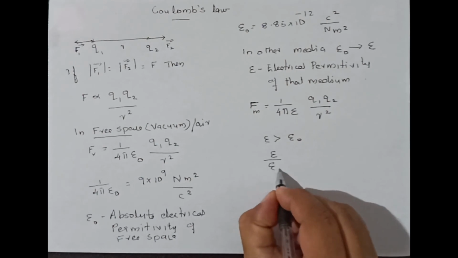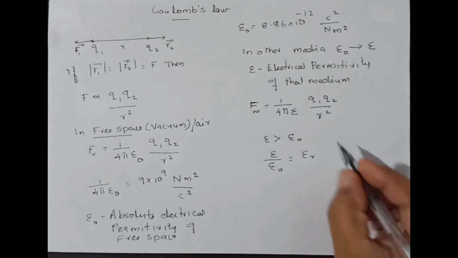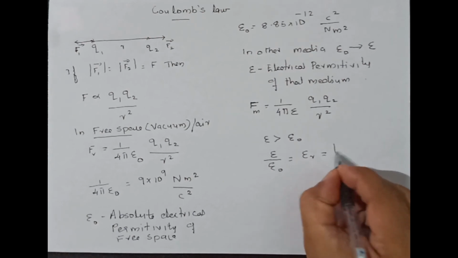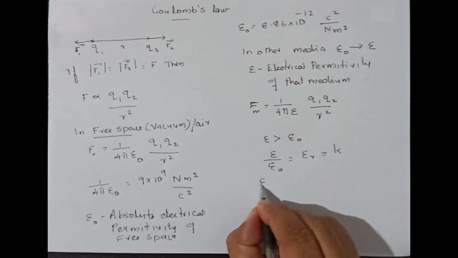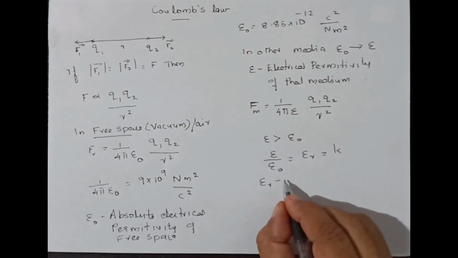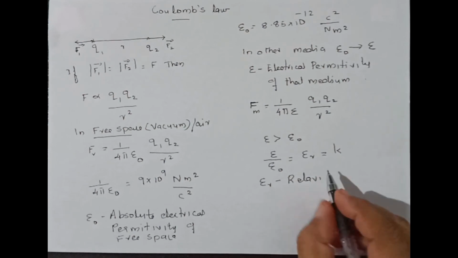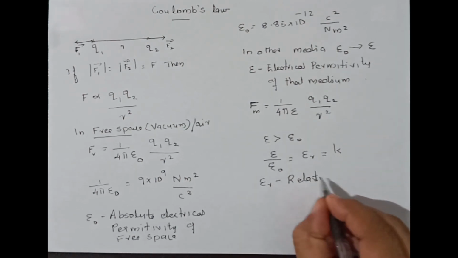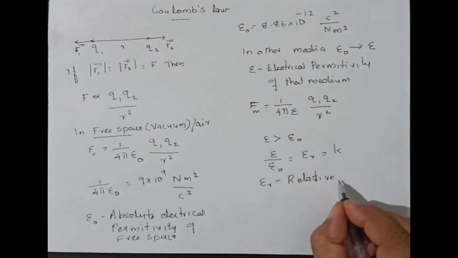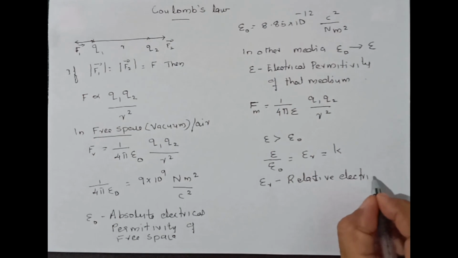Now, the value of epsilon for any medium will be greater than epsilon naught. Of course, the lowest value of electrical permittivity is for free space. So epsilon is always greater than epsilon naught, and the ratio of epsilon to epsilon naught for any medium is known as epsilon r or small letter k.